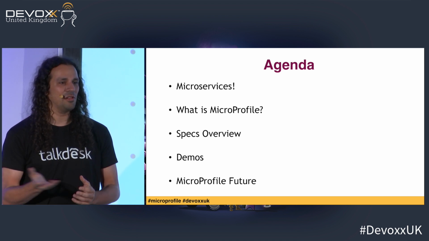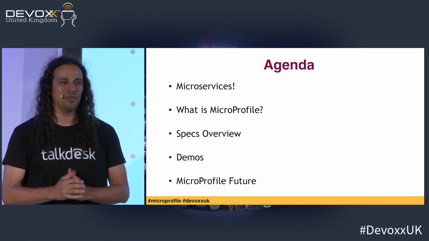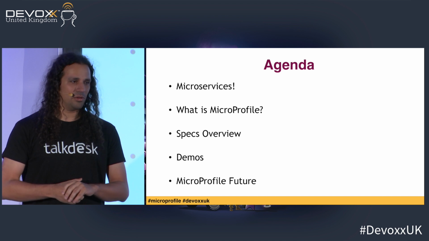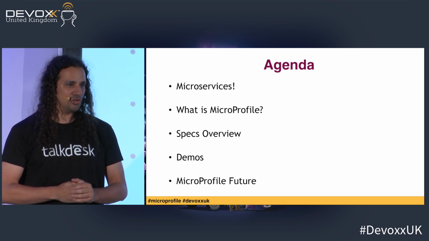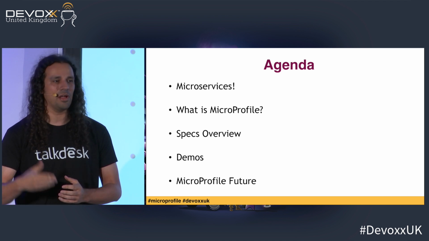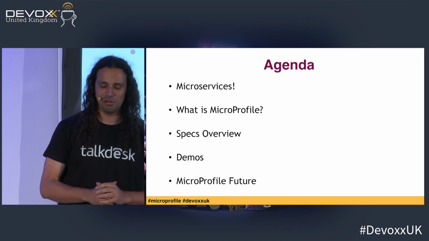We're going to try to fit as many demos as possible so you can see things working, and then try to figure out how you can use that in your own project. And then we're going to talk a little bit about the Microprofile future to see what's next, not only on these specs, but also what's coming next that you might want to use when they come out.